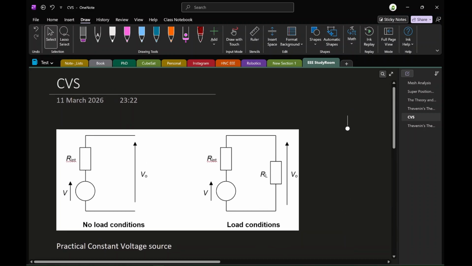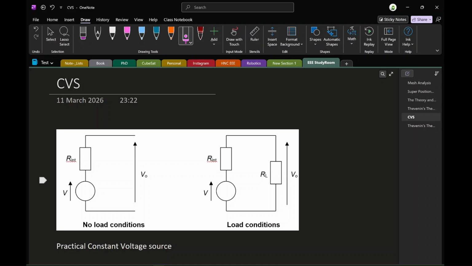So the function of a voltage source is to deliver a known voltage to a circuit. And in schematic terms, we express that as a voltage generator, which is this circle here, with a voltage and an arrow pointing across it.